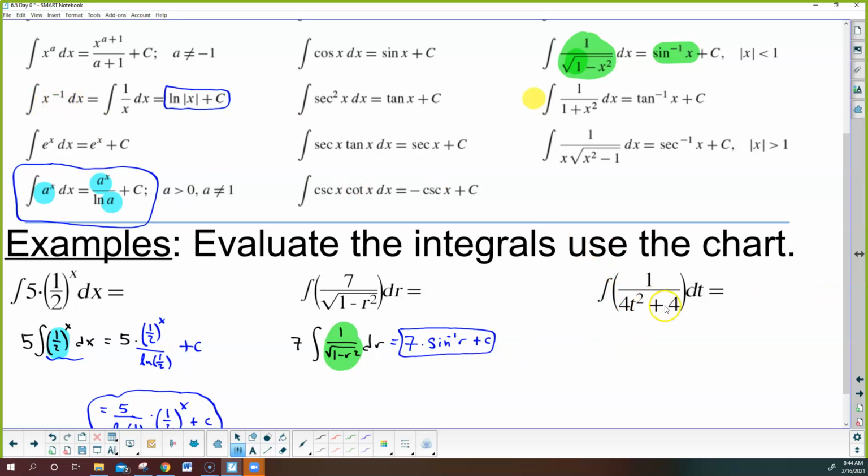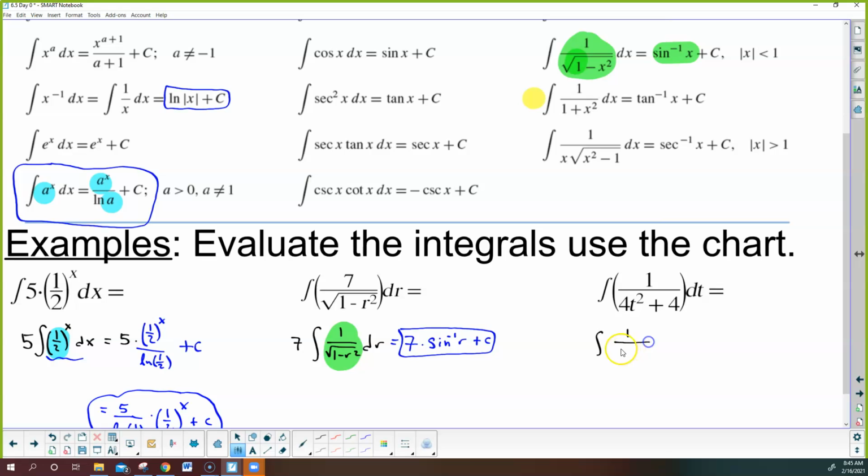All right, and then the last one here is even trickier, but you'll notice the 5, the 7, those were constants, right? Those are something that everything was being multiplied by. In that case, we can just factor that out and put that out in front. And the same thing is true here. This is just hidden a little bit. You'll notice I've got a 1 up top, but then I could factor out a 4.